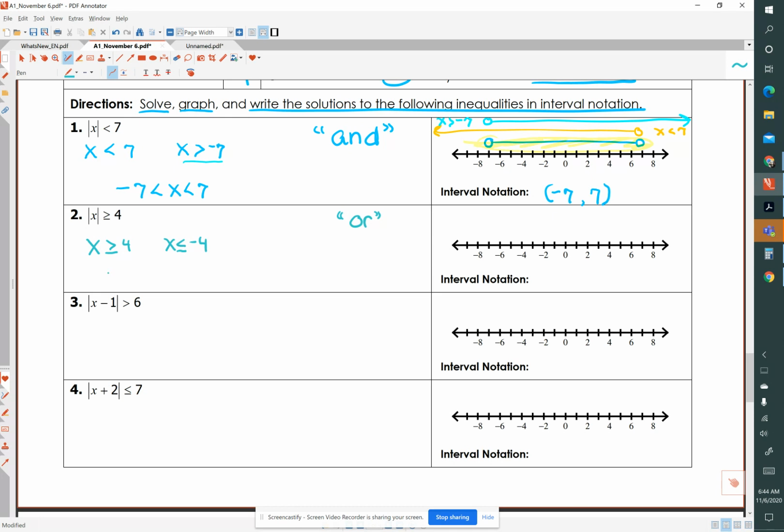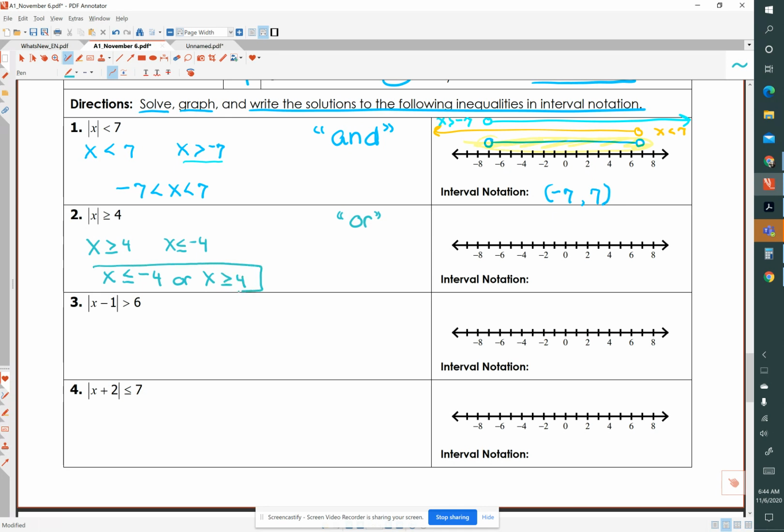And let's write our complete answer. x is less than or equal to -4, or x is greater than or equal to 4.